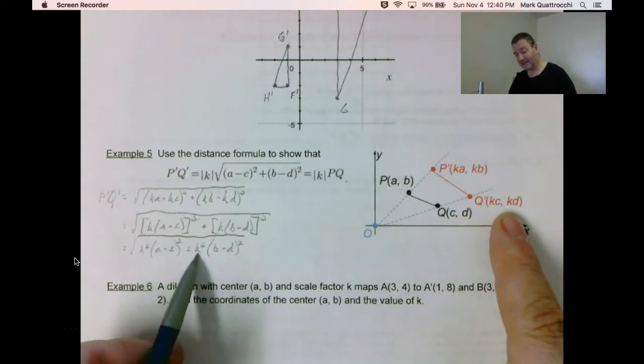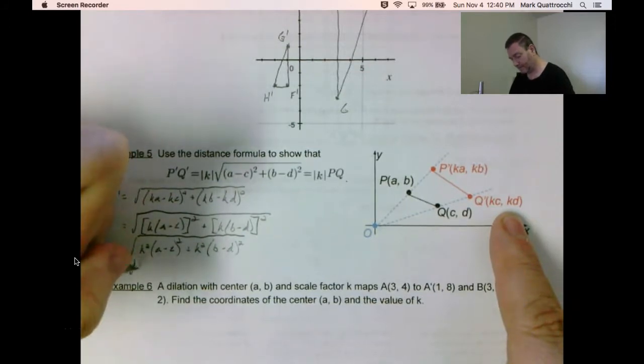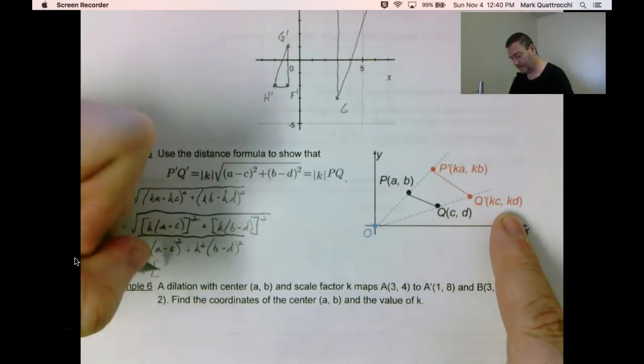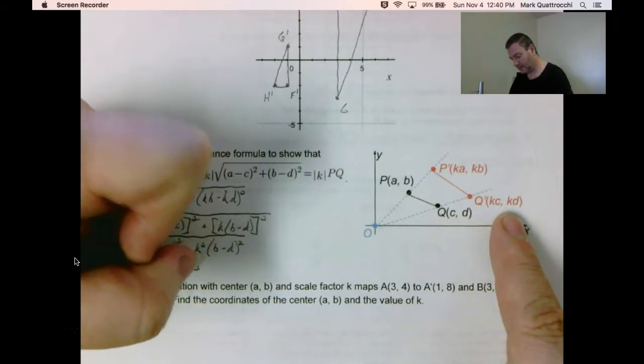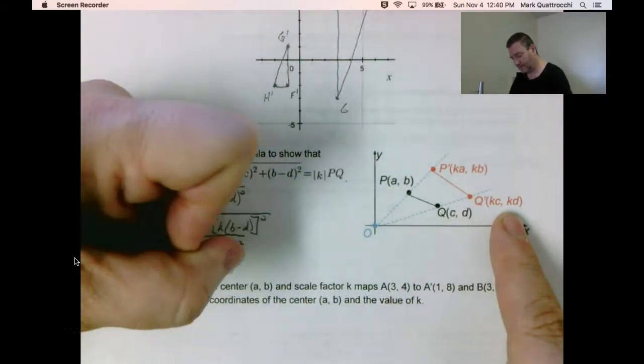I can now factor out the k squared from this. This is something I didn't do in the answer key. Let me do it here. K squared times A minus C squared plus B minus D squared.